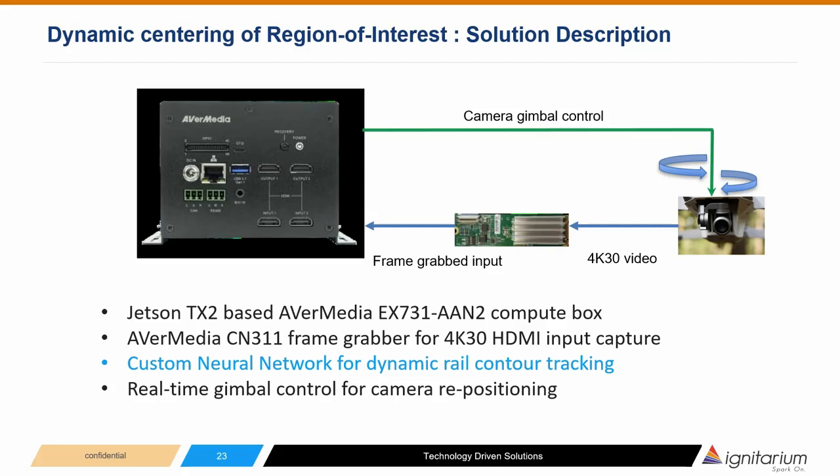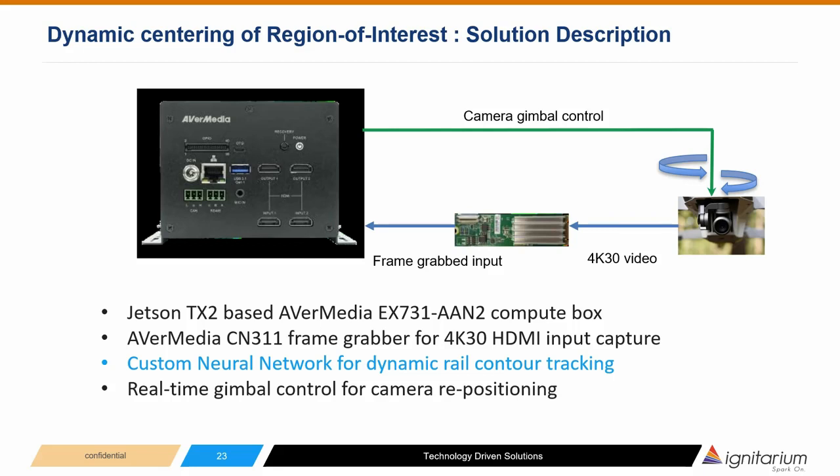The NVIDIA Jetson TX2 was chosen since it was able to run the image processing and the neural network workloads that were required for this application in real time in a very small form factor. Jetpack 4.2.3 SDK with TensorRT and cuDNN libraries were used for development and neural network optimization. It's to be noted that for drone platforms, the Jetson Nano or the new Jetson Xavier NX would be really good choices.